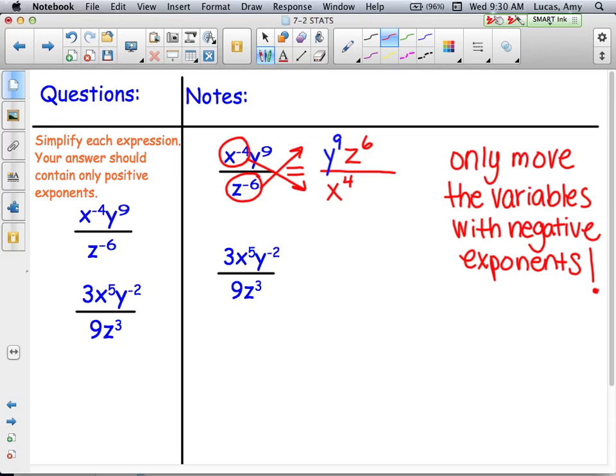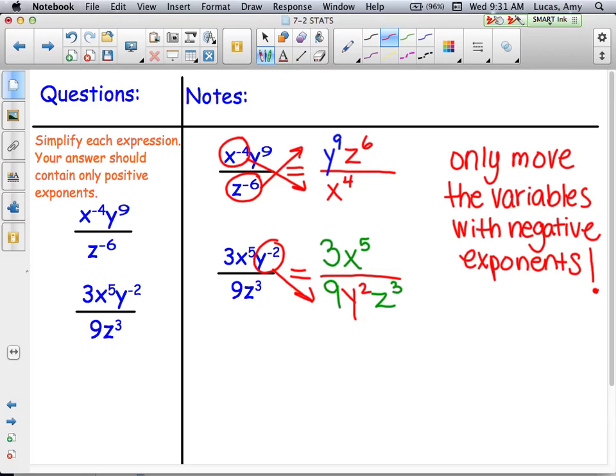Okay, the next one. I have just one negative exponent. It's on the top of the fraction. Put it on the bottom. The rest of them get to stay where they were. So 3x to the 5th and 9z to the 3rd.